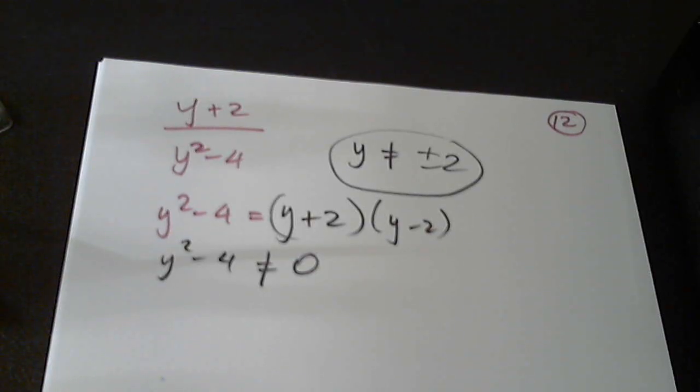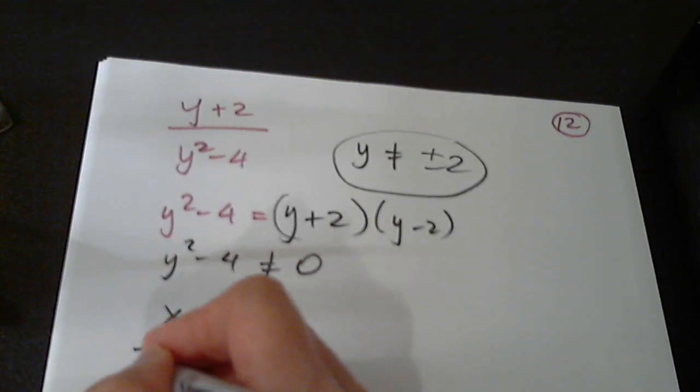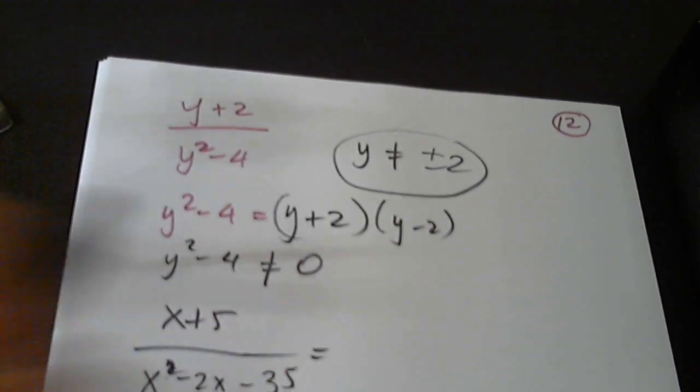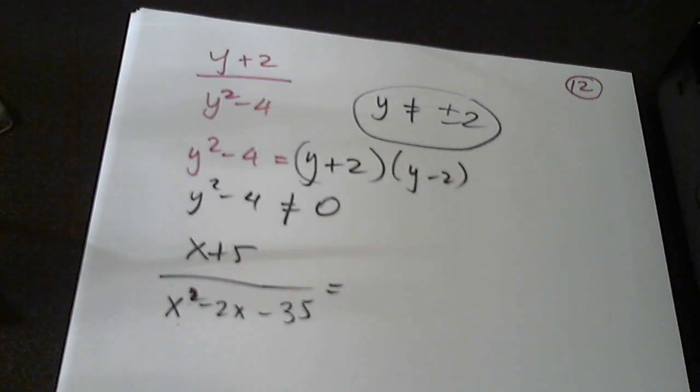Okay. Simplify the rational expression. If the rational expression cannot be simplified, state so. Okay? So x plus 5 over x squared minus 2x minus 35. We were told we can simplify only if we factor everything. The numerator is factored.